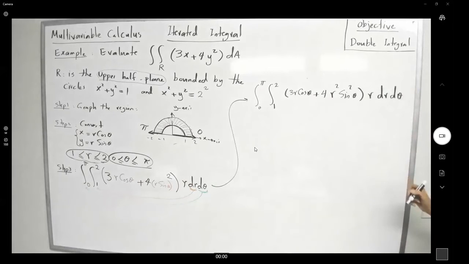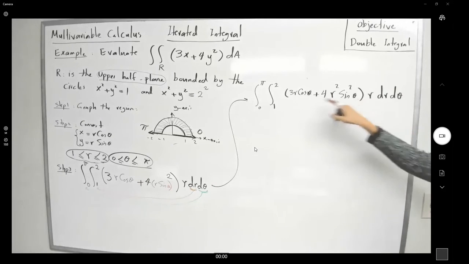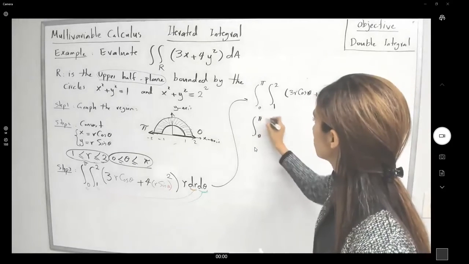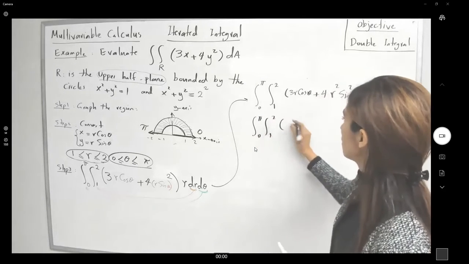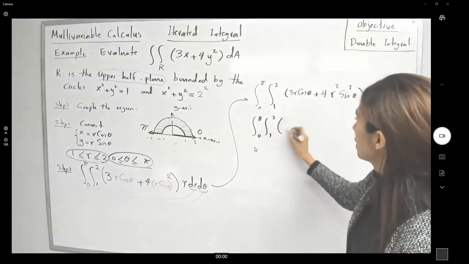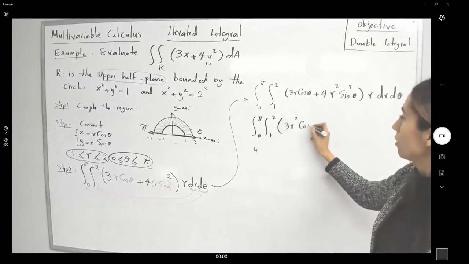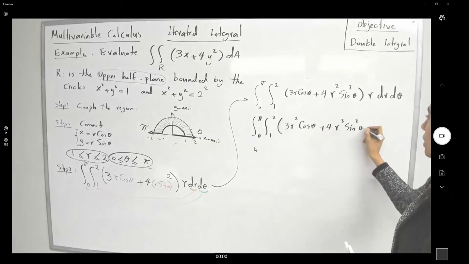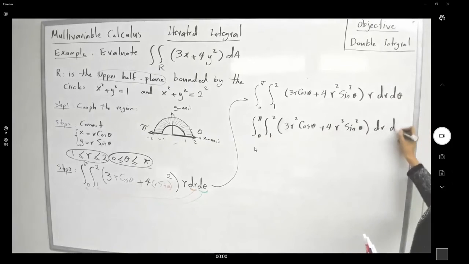Well, here we can just distribute r into parentheses. We get integral 0 to pi, 1 to 2, 3r squared cosine theta plus 4r cubed sine squared theta dr d theta.